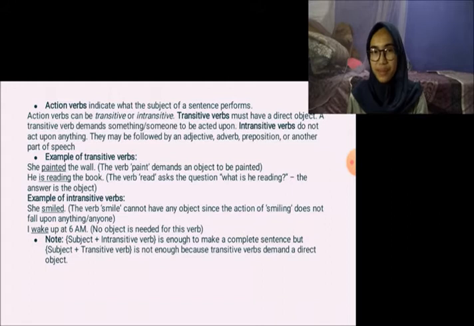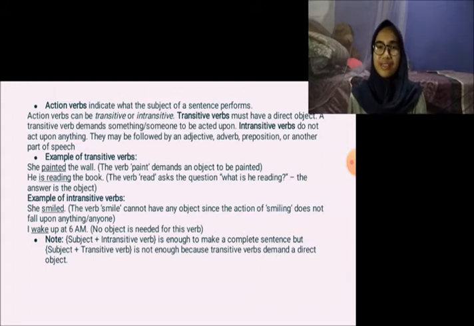And the example of an intransitive verb: "She smiled." The verb smile cannot have any object because the action of smiling doesn't fall upon anything or anyone. And for another example, "I wake up at 6 a.m."